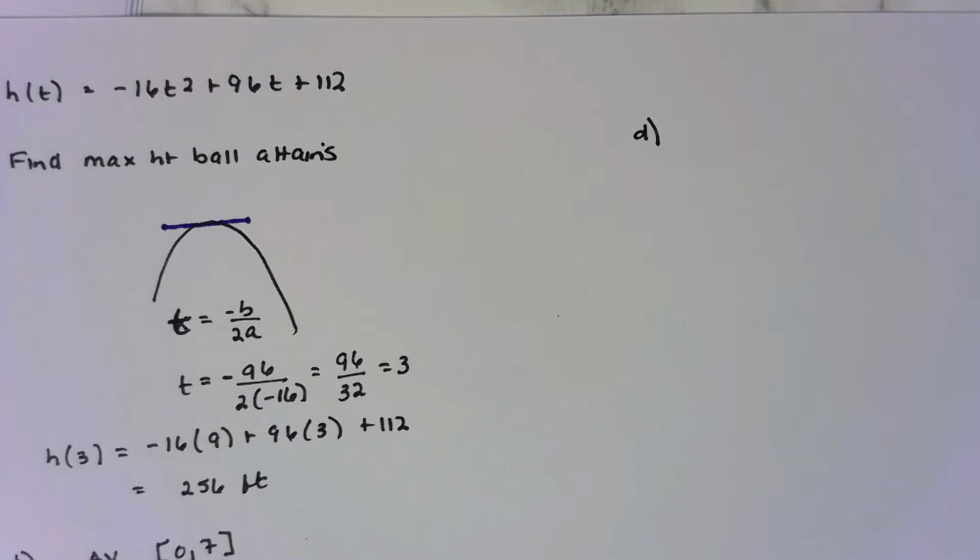So what are we going to do? Well, I know the ball hits the ground at some time. In fact, I think it's at t equals 7. Why do I think that?